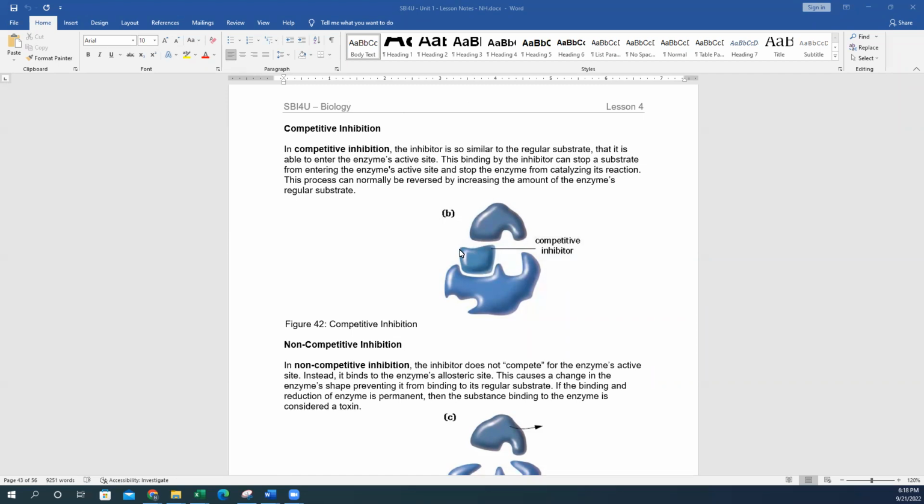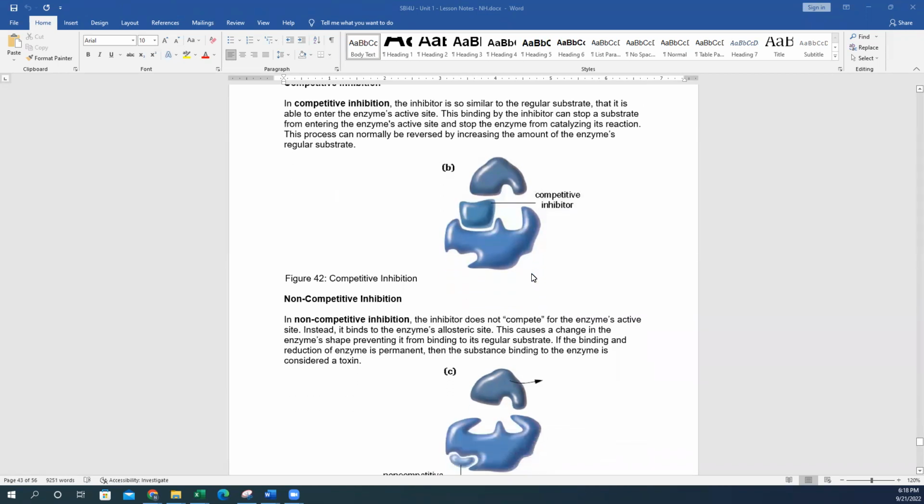So in effect, this molecule is acting as an inhibitor and stopping the enzyme from catalyzing its reactions. Because it is binding to the substrate binding site, it is a competitive inhibitor, because it is competing with the substrate for the binding site on the enzyme.